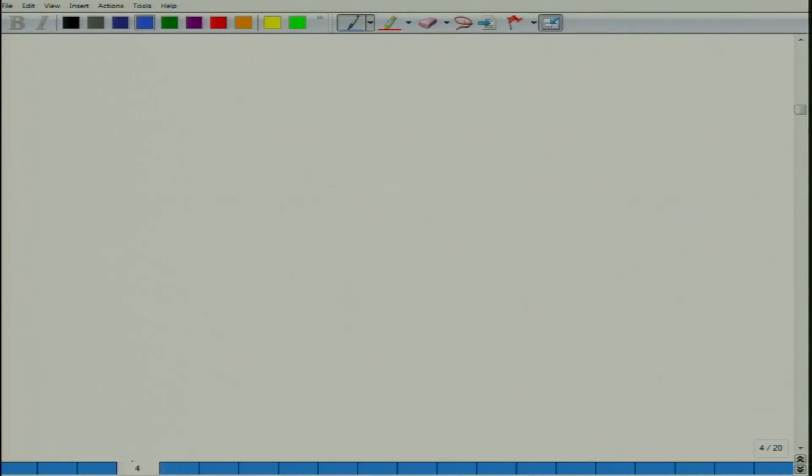Now, what is the codal provision for water table corrections? I have explained also earlier, but once again, writing it for you, you can just note it down.